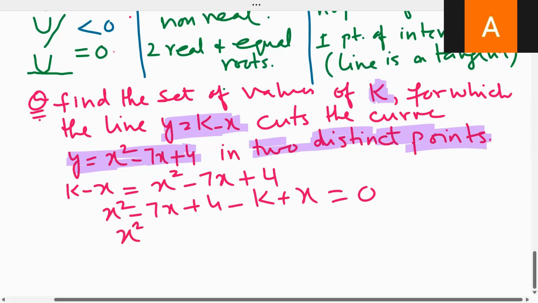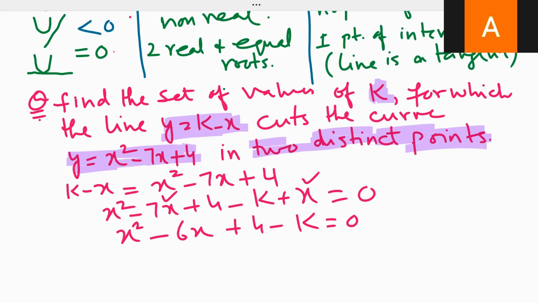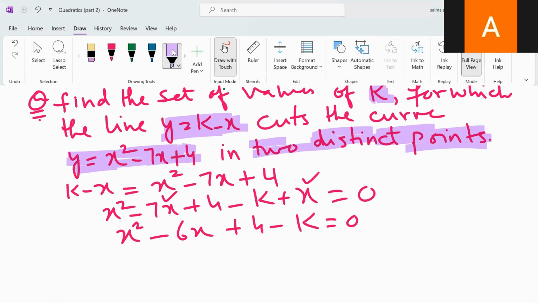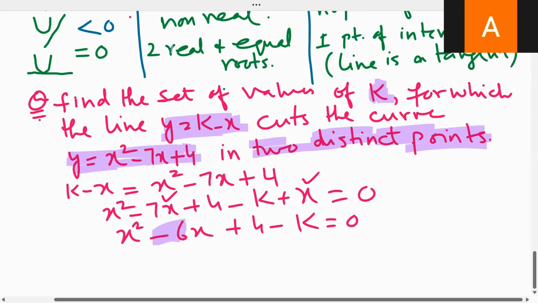Now we solve the like terms: minus 7 plus 1 is minus 6x, plus 4 minus k equals 0. So this is your first step: you solve these two equations simultaneously and change into a single variable. Now you can easily identify the values of a, b, and c. a is 1, b is minus 6, and c is 4 minus k.